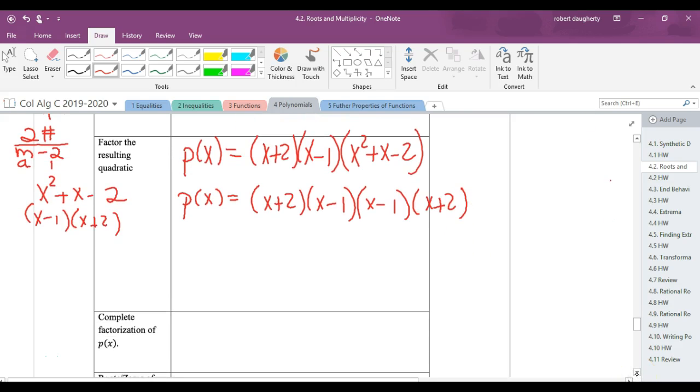So you could say, well, I could rewrite that as P of x is x plus 2 squared times x minus 1 squared.